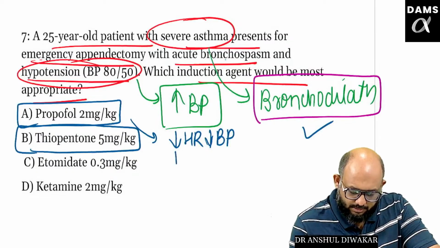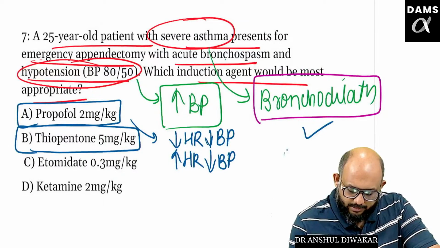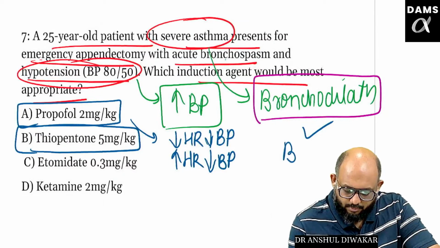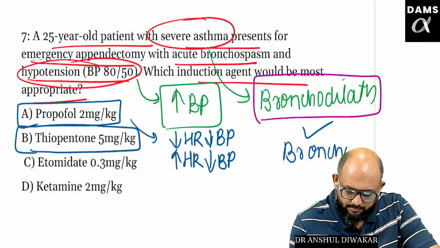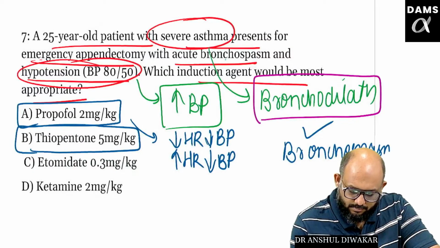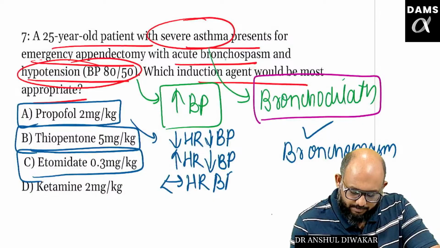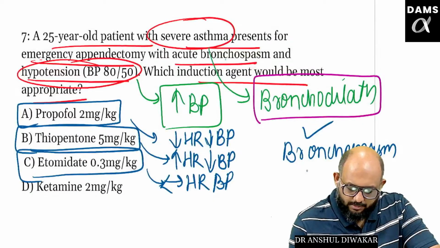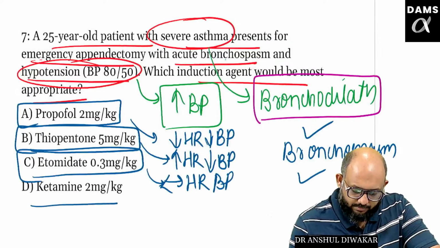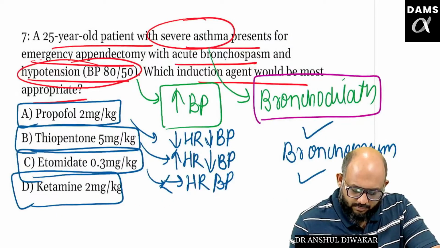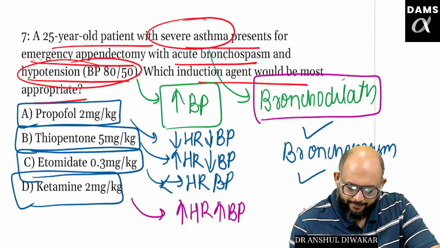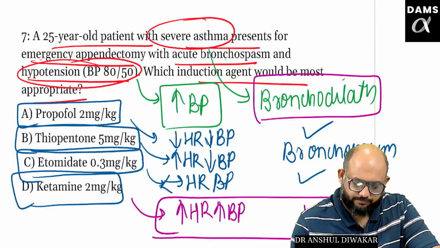Thiopentone will cause tachycardia, hypotension, and it will actually cause bronchospasm. Etomidate will cause no change in heart rate and BP and will cause bronchodilation, but ketamine will cause hypertension, tachycardia, and bronchodilation.